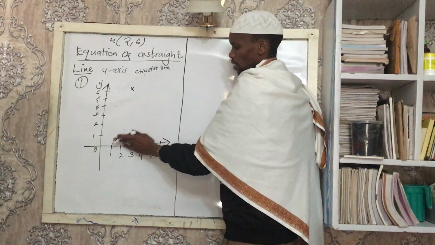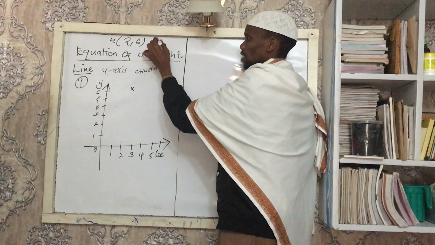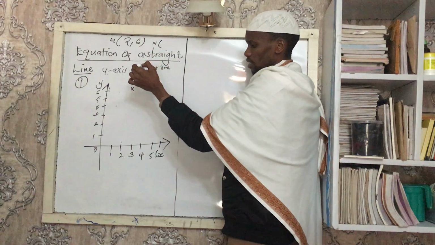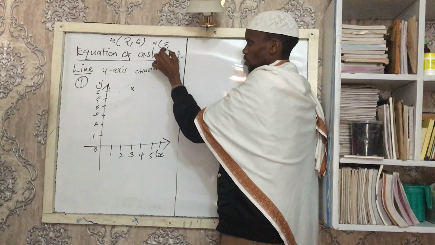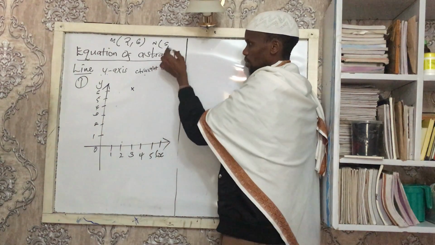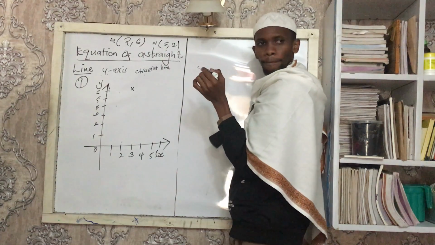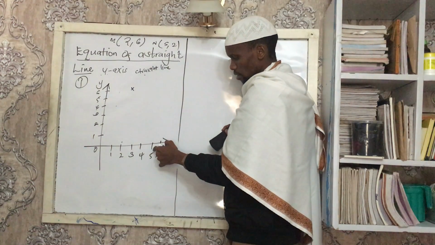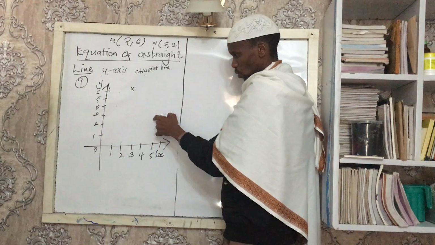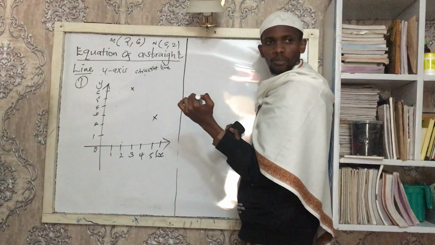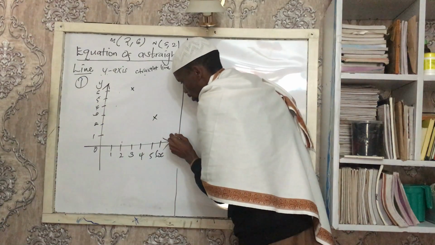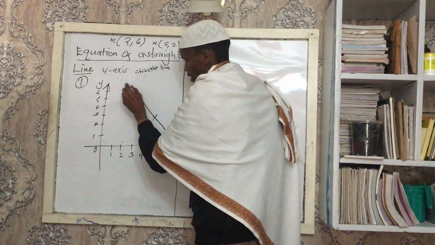And then maybe our second reading is 5 on the x-axis, and then the y-axis might be 2. So we have (5, 2). That's our point, right? So we draw a straight line, and this is our straight line.